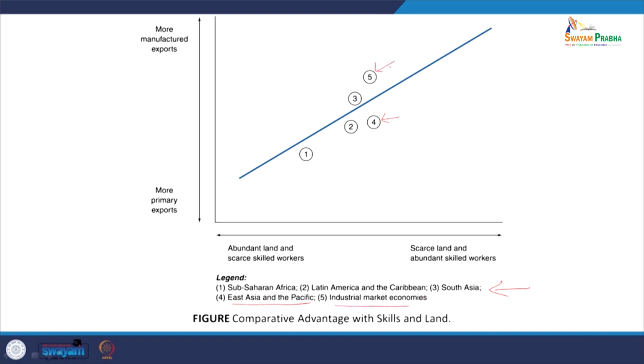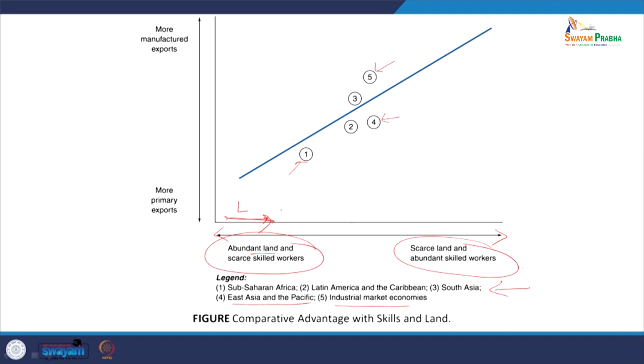On the horizontal axis, there is a double-sided arrow, where we are saying abundant land and scarce skilled workers on one side, and scarce land and abundant skilled workers on the other.